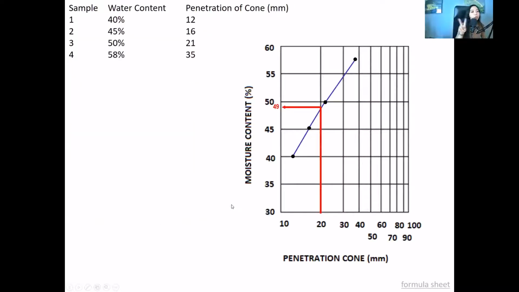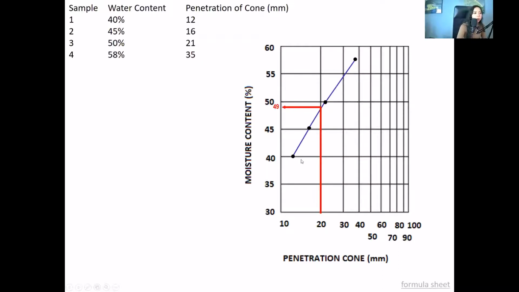Obviously, may dalawang option kayo. Kapag almost linear na yung inyong graph, pwede ka na lang mag-interpolation. Alam mo itong point na ito, which is 45 versus 16, and then meron kang second point, which is 50% to 21. So, kung gusto mong i-interpolate kung nasan yung 20, okay lang naman, especially kung nakikita mo na ang behavior ng graph ay linear.